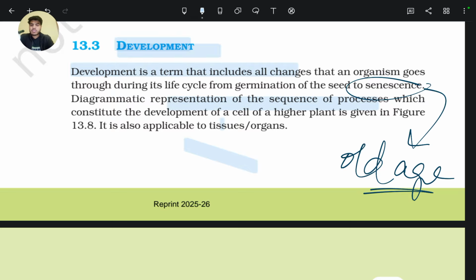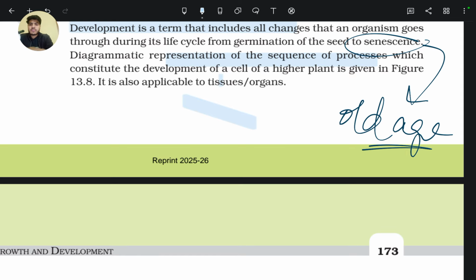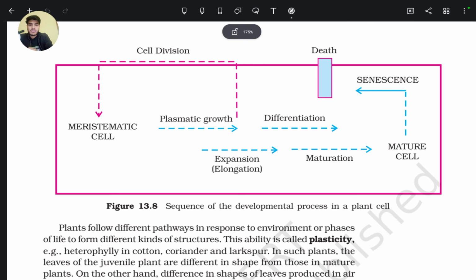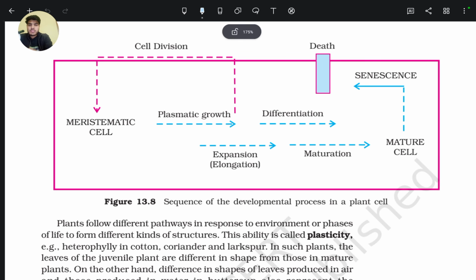Diagrammatic representation is shown here of the sequence of the developmental process in a plant cell. This is a meristematic cell, which is a continuously dividing cell, and plasmatic growth, or this process, is cell division.